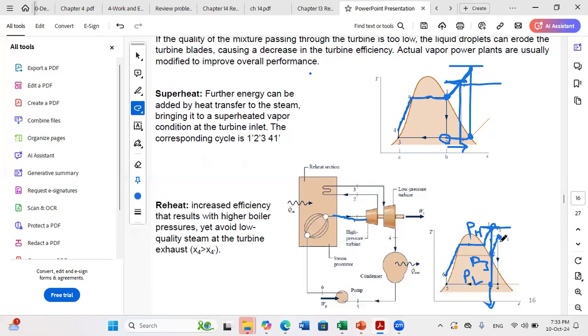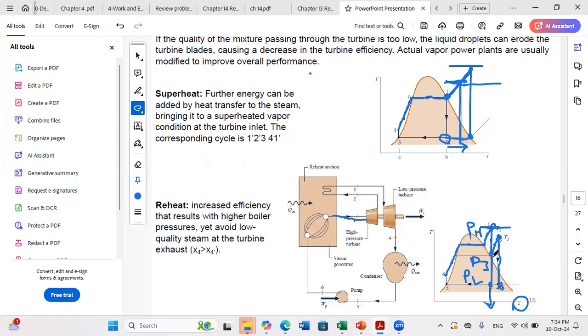Because look, if you compare S2 to S3, S2 is smaller than S3. So now when you do the heating process again, you elevate your temperature, but also you elevate your entropy. And then, since in the second stage turbine you also have an isentropic process, but now you are working with a higher value of S, you end up with a quality at point 4 that is larger than the quality at 4 prime.